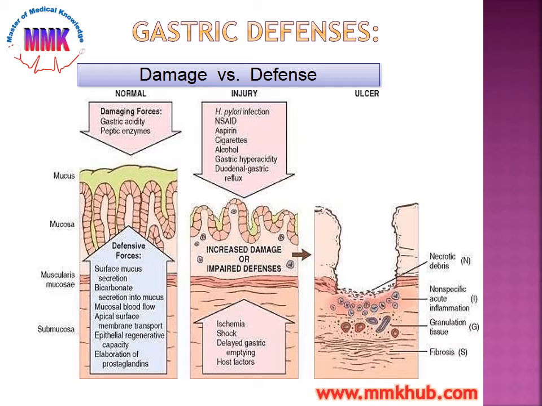For example, in cases of ischemia, shock, which lead to the decreased blood supply of the mucosal surface, delayed gastric emptying, and host factors. If these factors are there, it will lead to the impaired defensive mechanism and ultimately the mucosal surface of the stomach gets damaged and leads to the gastric ulcer formation.